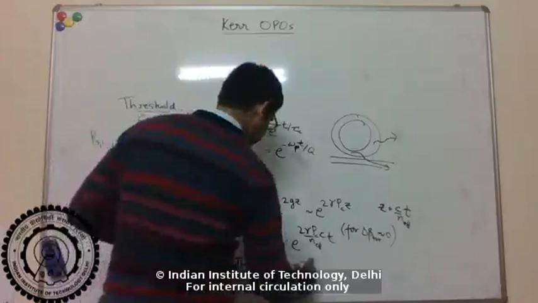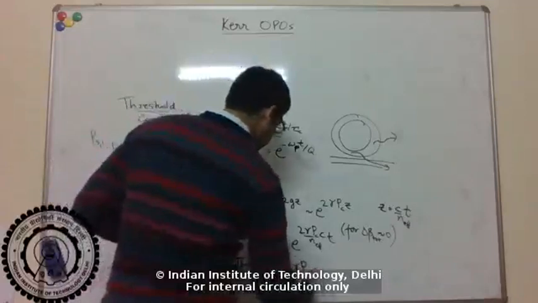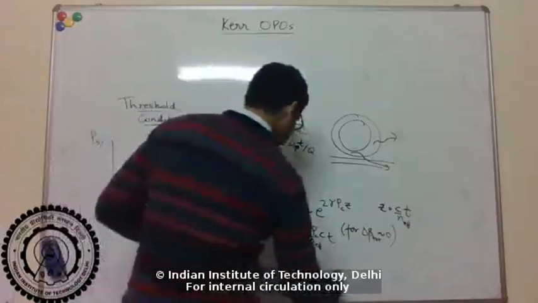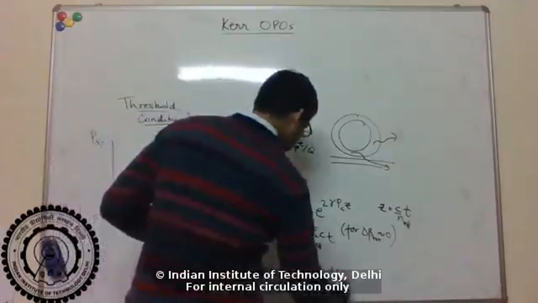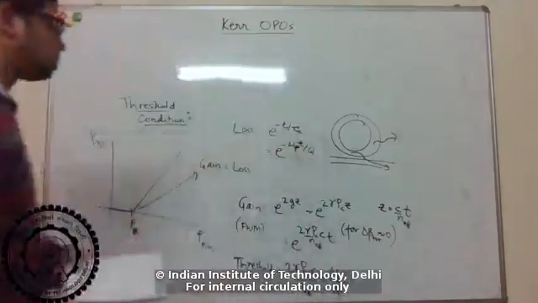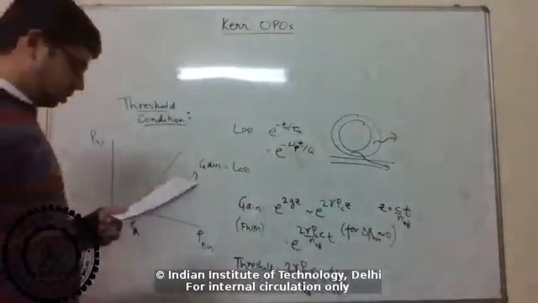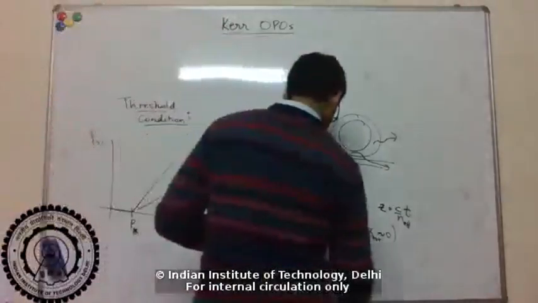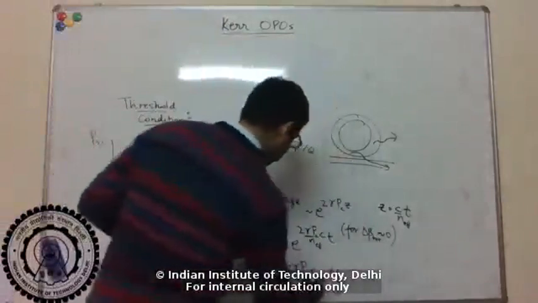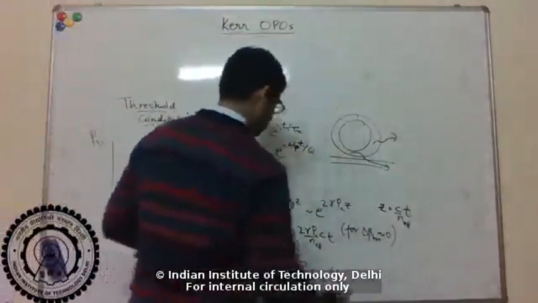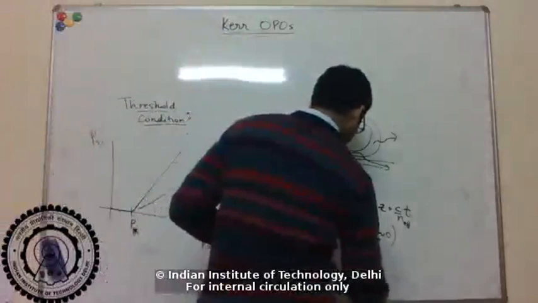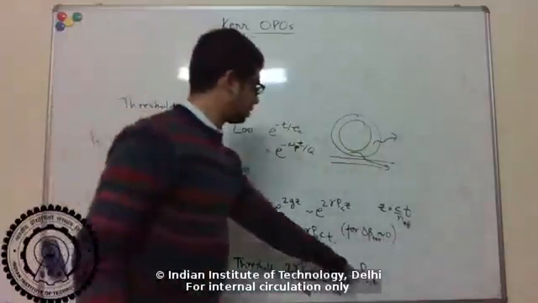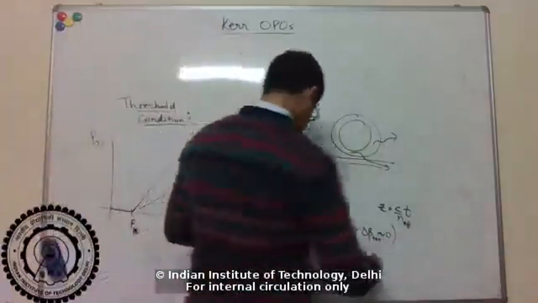So 2 gamma P_c over n effective is equal to omega p over Q. Let me call this P_c threshold, which is the power inside the cavity at threshold.